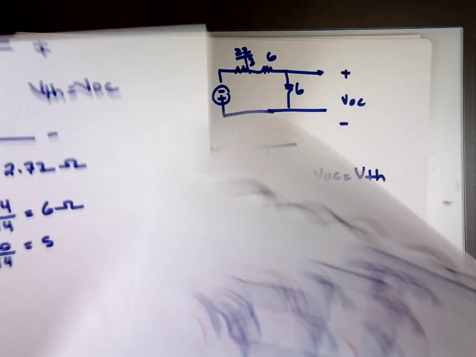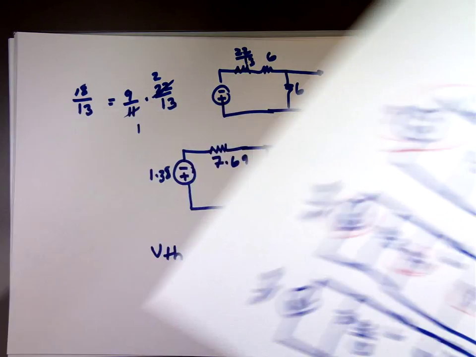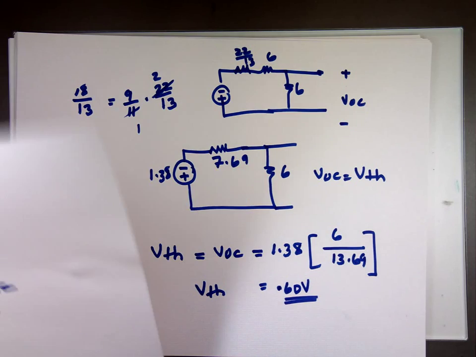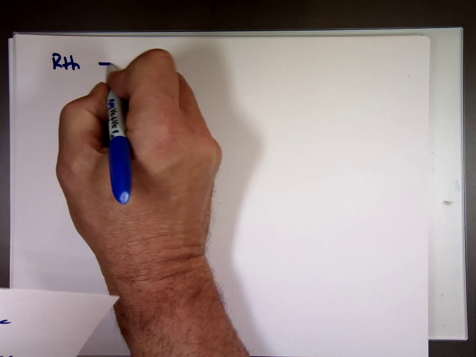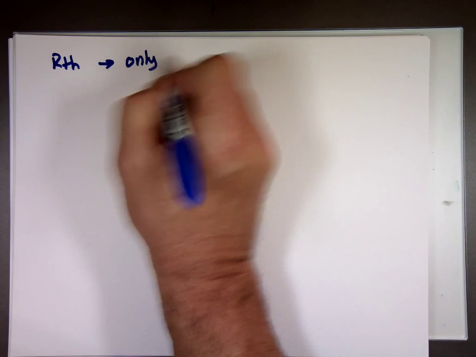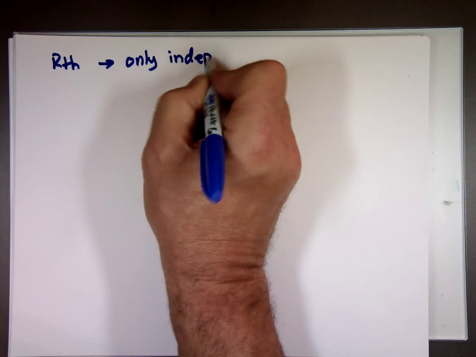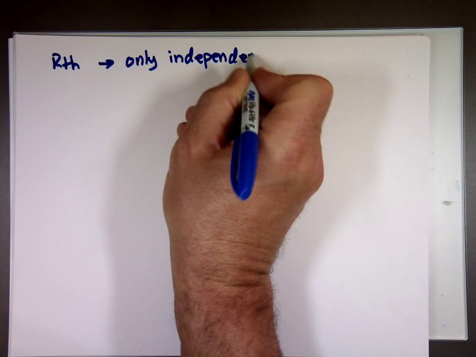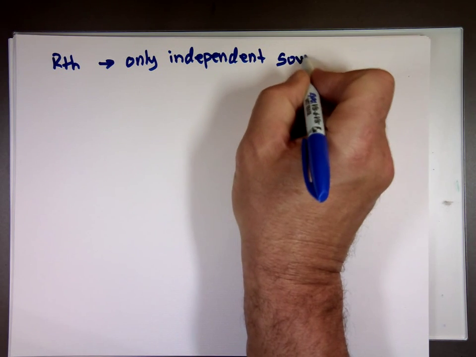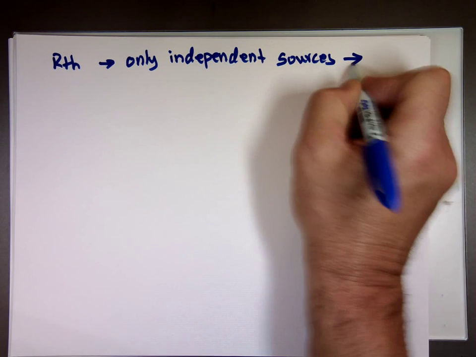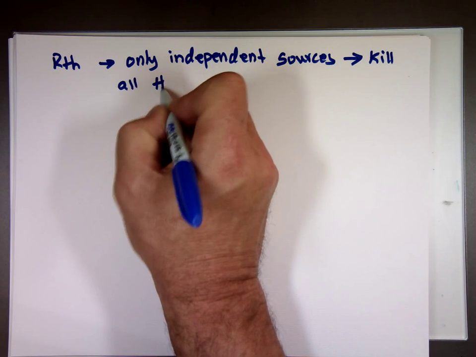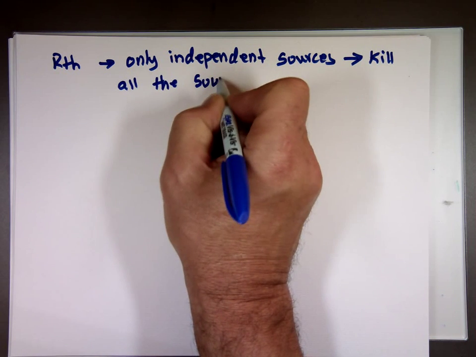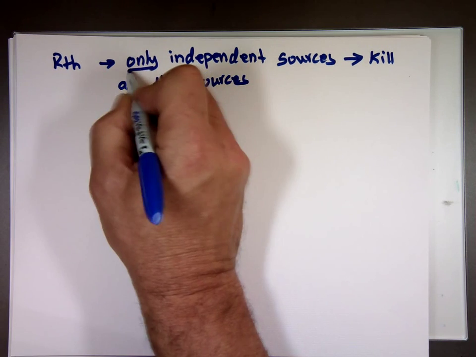So what does that mean? To find R Thevenin, when you only have independent sources, what do you do? You kill all the sources. You only use this method if you only have independent sources.